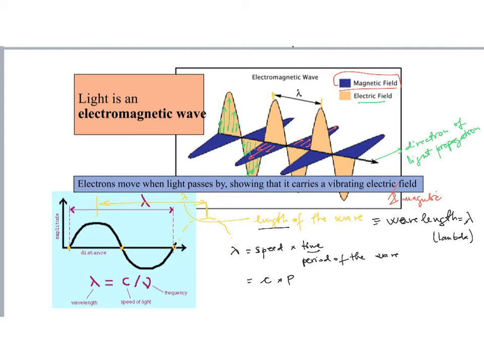The frequency is basically the ratio of time in which these peaks pass by, and so this p, the period, is the inverse of the frequency, or the frequency is the inverse of the period. All right, so if we put these things together, then the wavelength is going to be c, the speed of light, divided by the frequency.